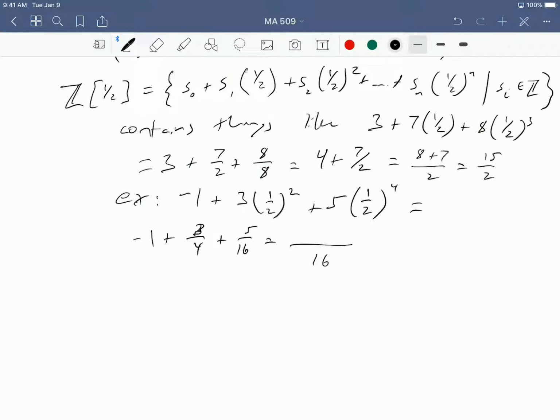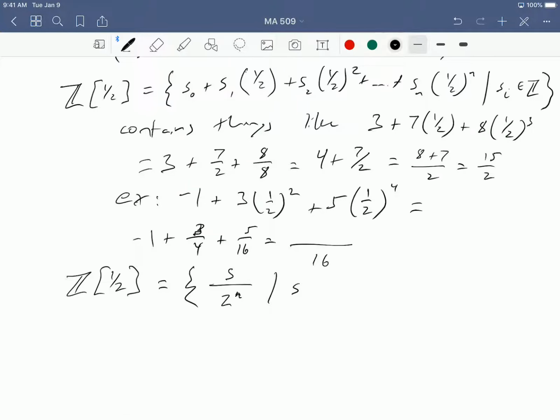So if I want to generalize this, I can have whatever integer I want on the top, let's call it s, and then the denominator, because we're only using powers of 1/2, is always going to be a power of 2.